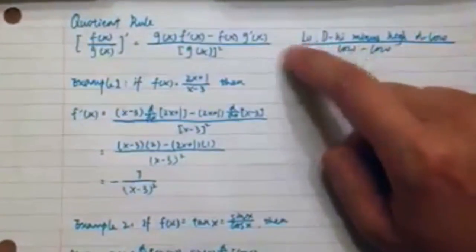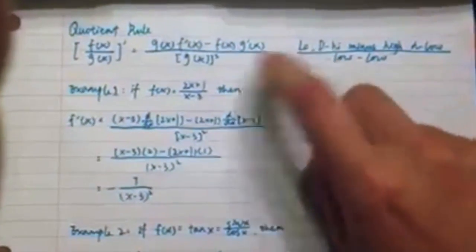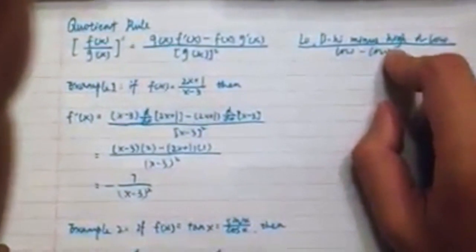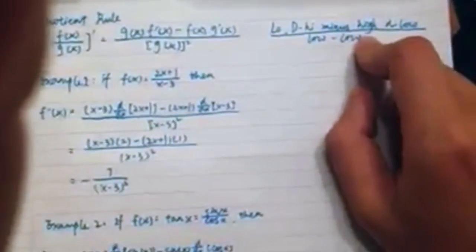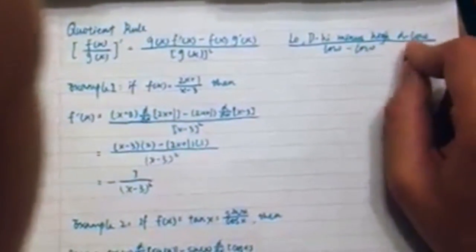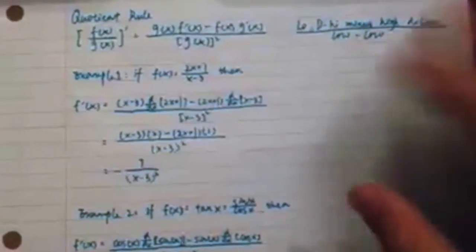The low means the lower term, times the derivative of the higher term, which is f(x), minus the higher term, the numerator f(x), times the derivative of the lower term g(x), over g(x) squared, which is the low times low.